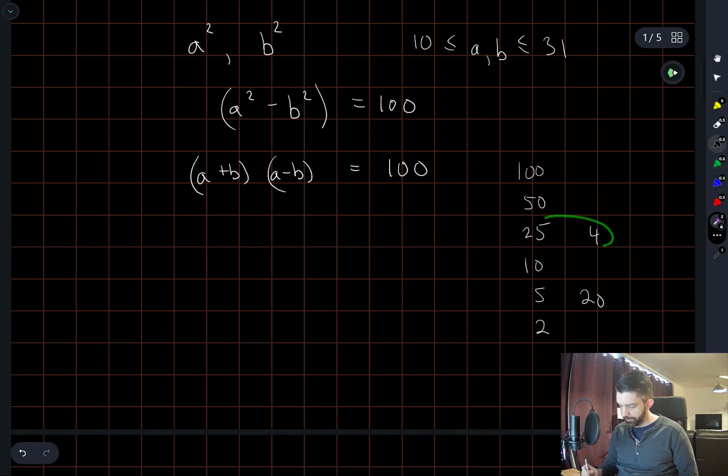I'm going to take a stab and just go, well, I guess the only combinations that could possibly work are 25 and 4 and 5 and 20 in this equation here.